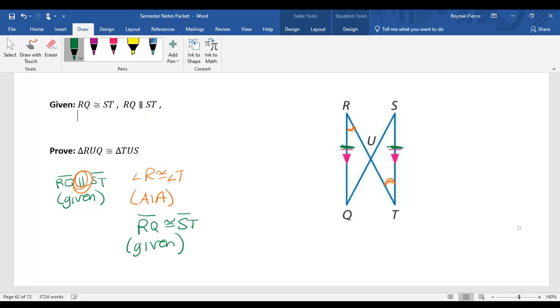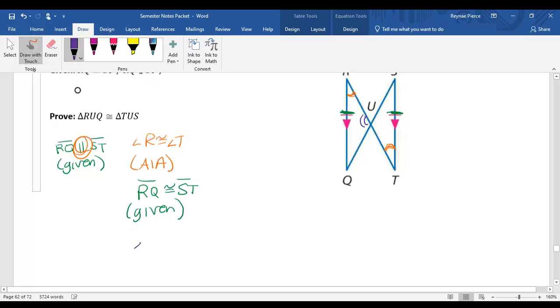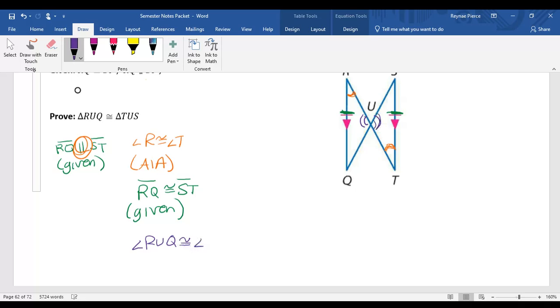Okay, and then if we look at our picture, RUQ and TUS are congruent. Those are vertical angles.